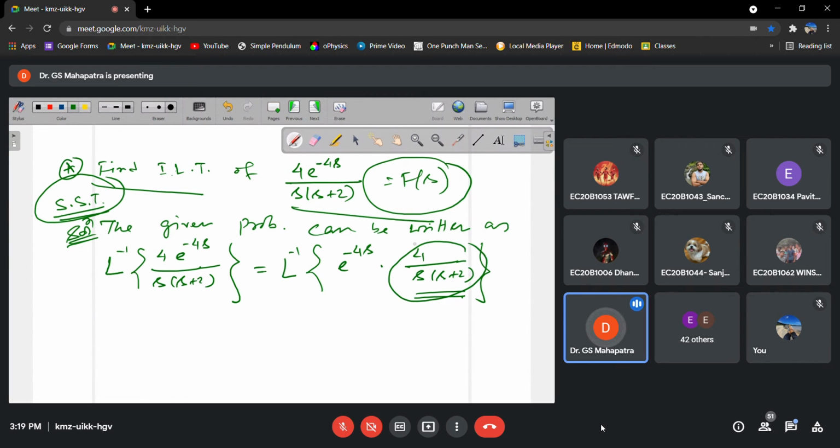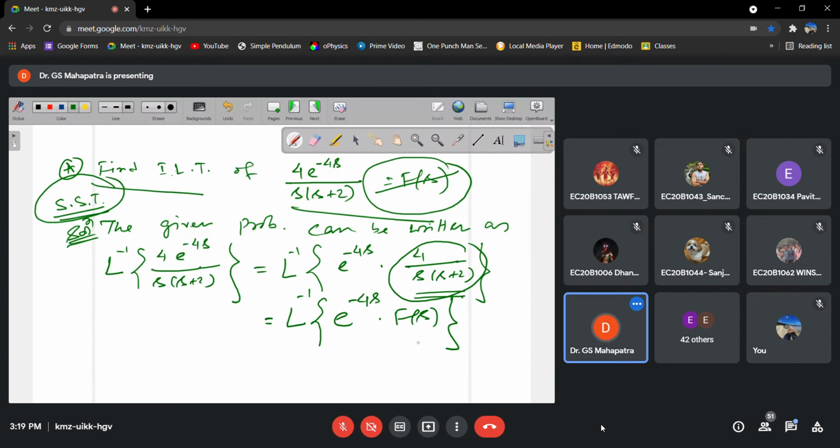Now if you compare with SST, that is capital F of s, not this one; if you choose this one, it's a problem. So e to the power minus as into capital F of s. So the solution: Laplace inverse of e to the power minus 4s into capital F of s.